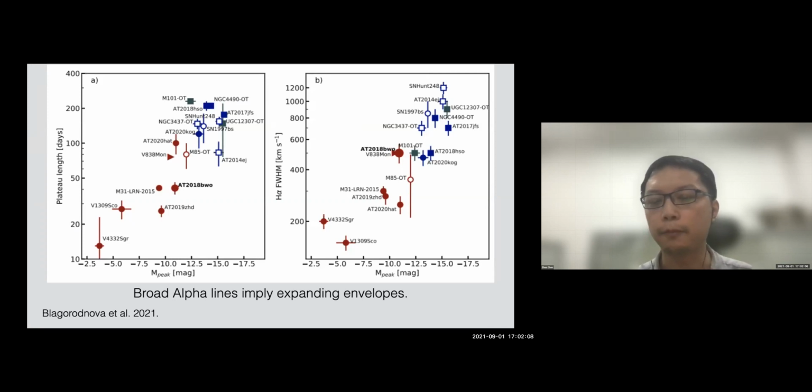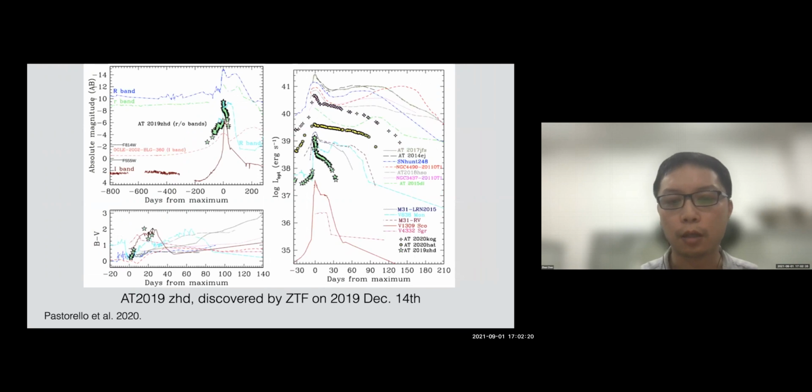The full width of the H alpha is usually hundreds, at most 1,000 kilometers per second. Recently, a luminous red nova was recorded by ZTF, called AT2019zhd, shown as the green stars, together with many other previously documented gap transients, including the famous V39 Scl.